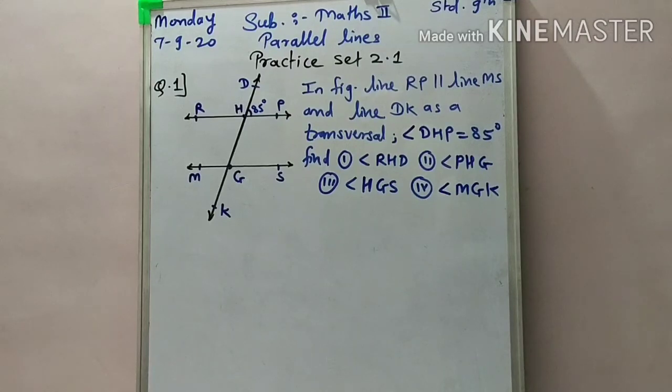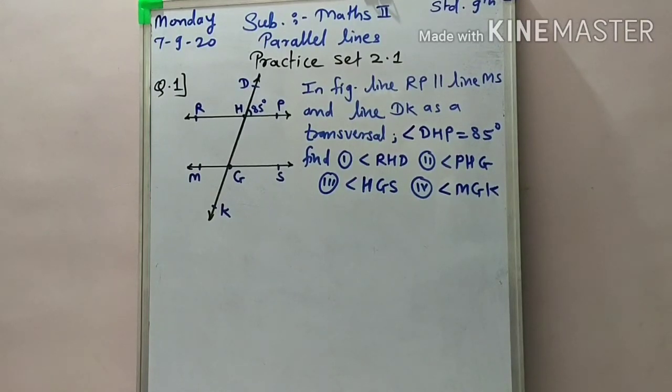If the given two lines are parallel and there is one transversal, then the pairs of corresponding angles formed are congruent. The pairs of alternate angles, that is, alternate interior angles and alternate exterior angles, are congruent, and the pair of interior angles are what? Supplementary. Using that, now we solve some examples in practice set 2.1.